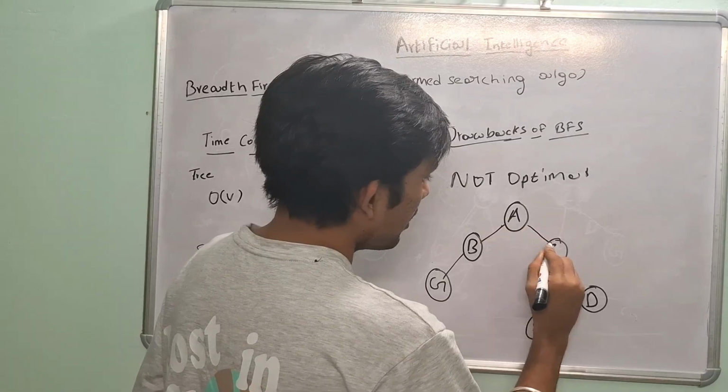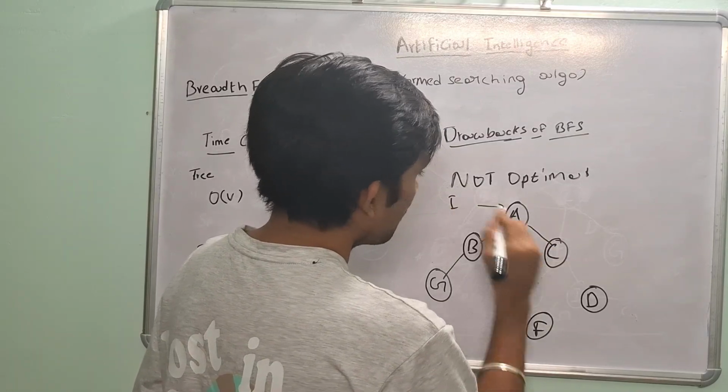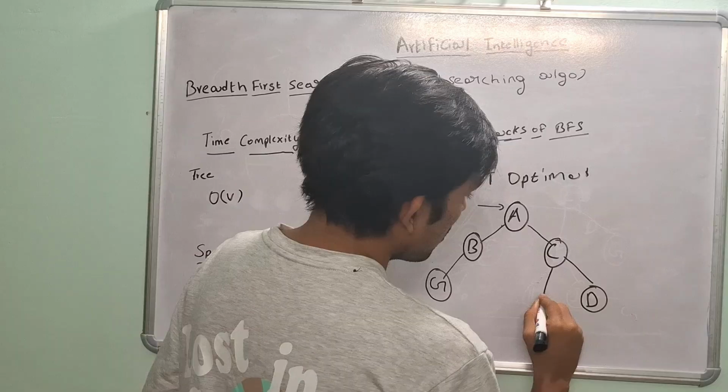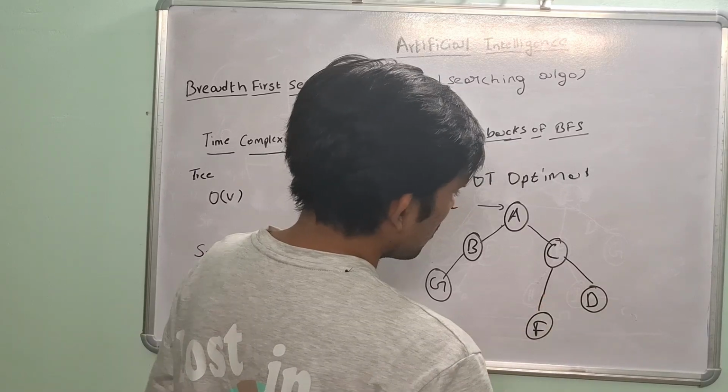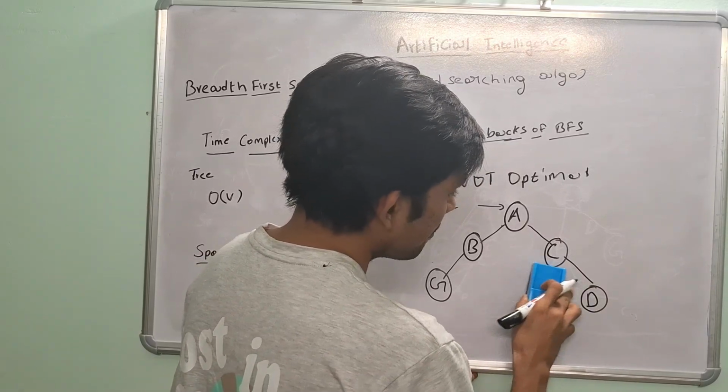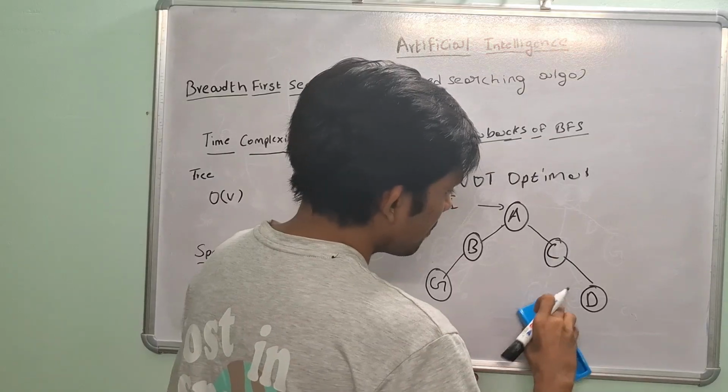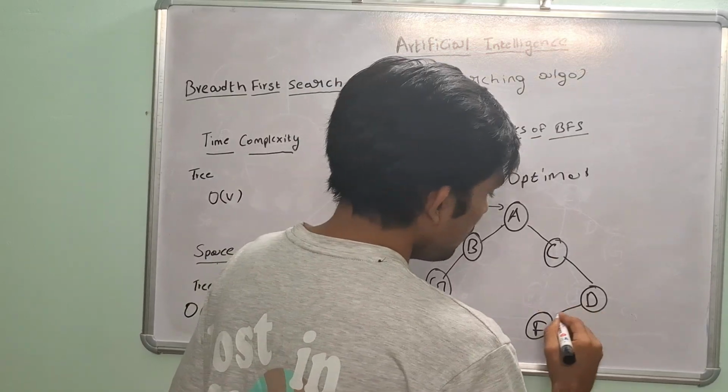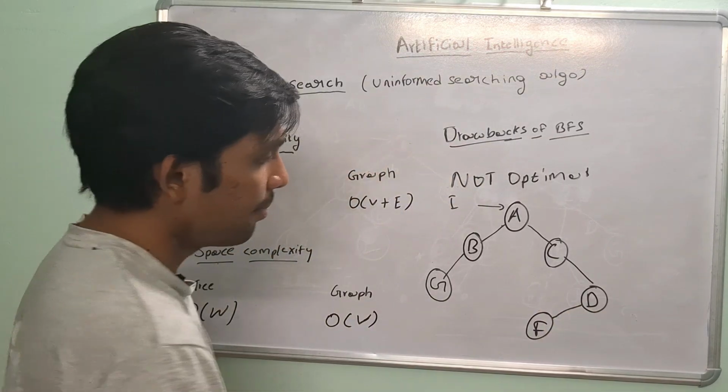So in this tree, let A be the initial node and F be the goal node.